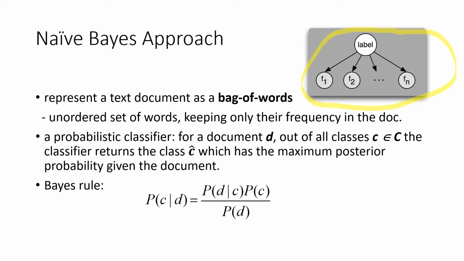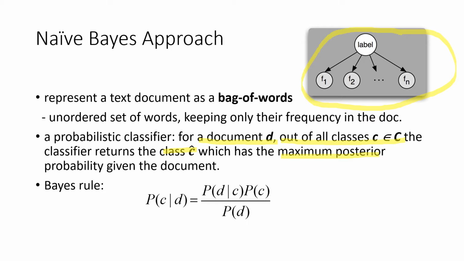The Naive Bayes approach represents a text document as a bag of words, that is an unordered set of words keeping only their frequency in the document. And the classifier works as follows. For a document D, out of all classes C from the set C, the classifier returns the class C hat, which has the maximum posterior probability given the document.